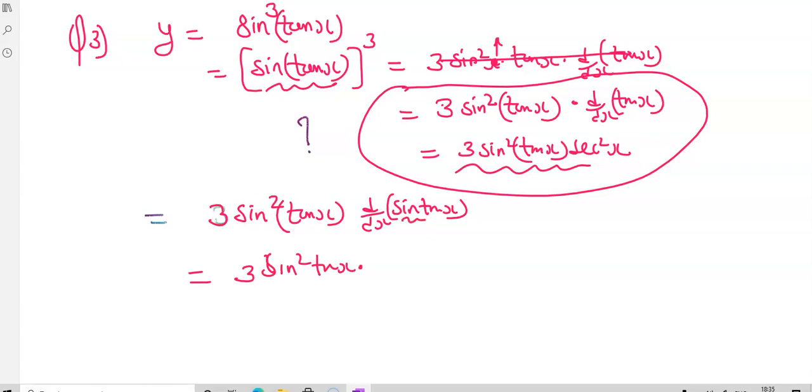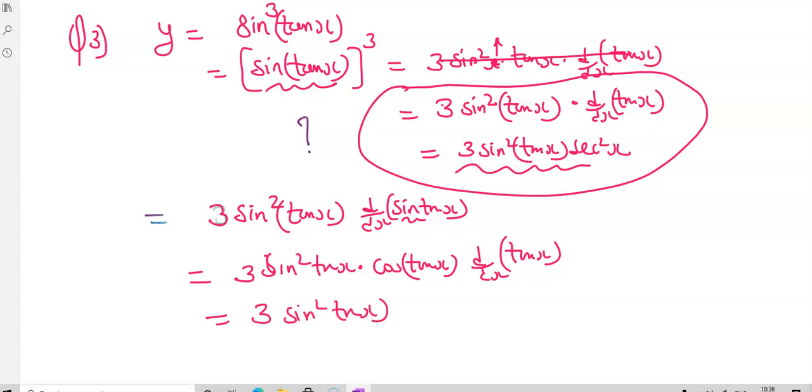Derivative of sine is cos angle tan x. Then derivative of tan x. So 3 sine square tan x. Then derivative of sine, which is cos angle, as it is, now it is sec square x.